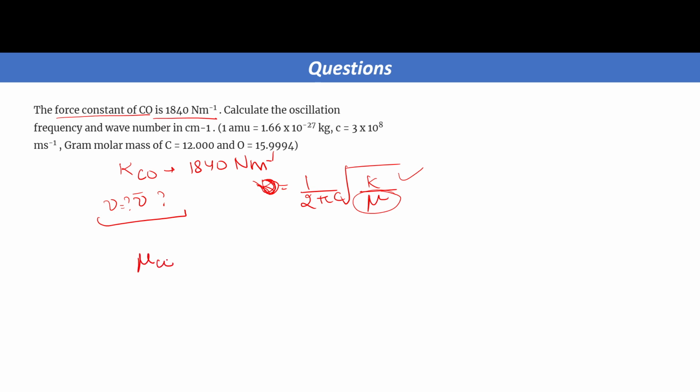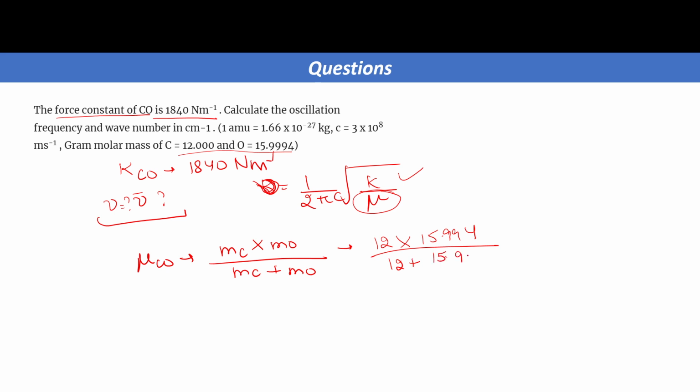For the reduced mass of CO, it will be equal to the mass of C multiplied by the mass of oxygen, divided by the mass of C plus the mass of oxygen. As the masses are given, it will be 12 multiplied by 15.994 divided by 12 plus 15.994. These masses are in AMU, so we will convert into kg by multiplying by 1.66 into 10 raised to minus 27.